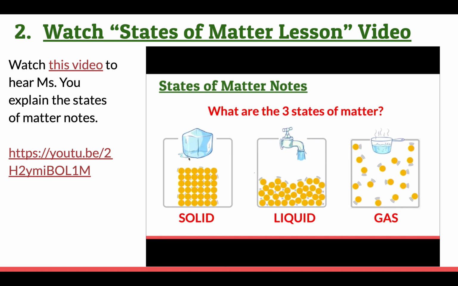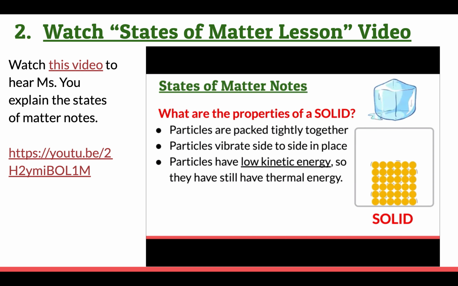It can be solid in the ice form, it can be liquid, just like liquid running water, or water molecules can also be in a gas state. So the 3 states of matter are solid, liquid, and gas. And all of these round circles, these yellow round circles, are supposed to represent the particles. So we're going to talk about each state of matter in detail.